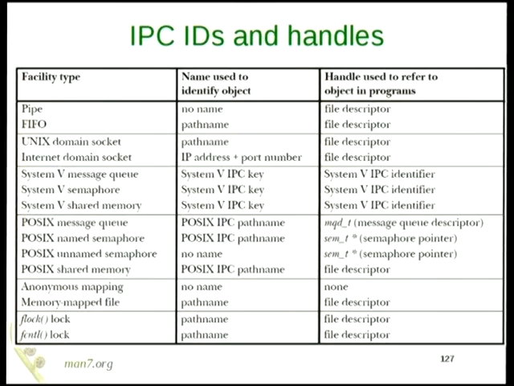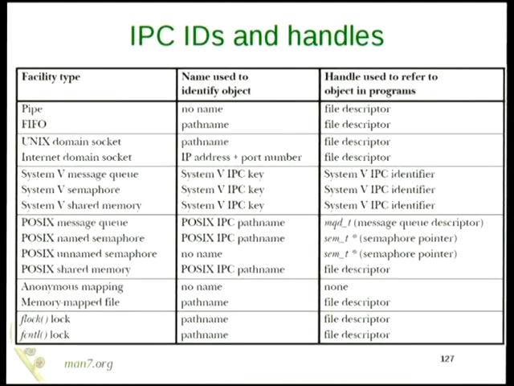So pipes, for example, have no name. FIFOs have a file system path name. Unix domain sockets have a file system path name. Internet domain sockets have an address and a port number, and so on. When you're working with those objects inside a program, many objects are accessed via a file descriptor.